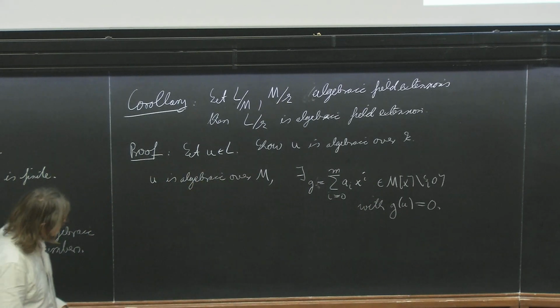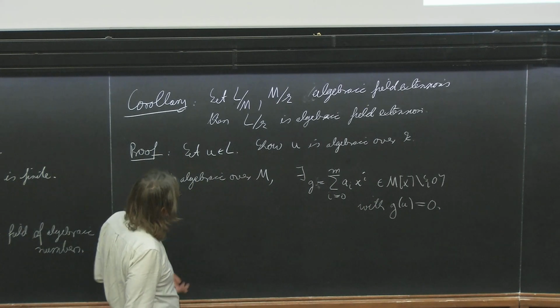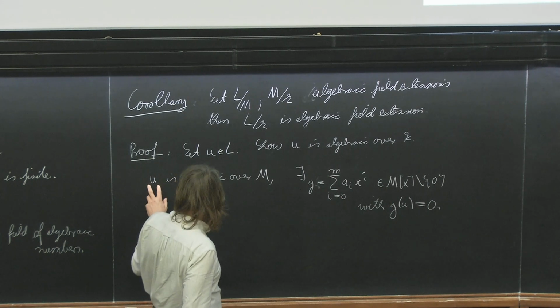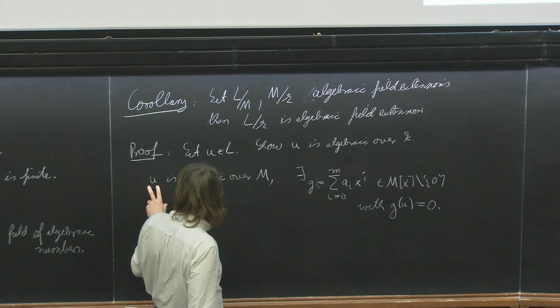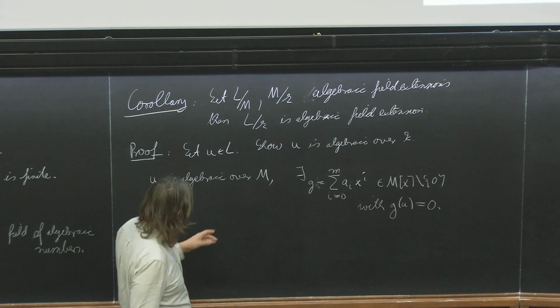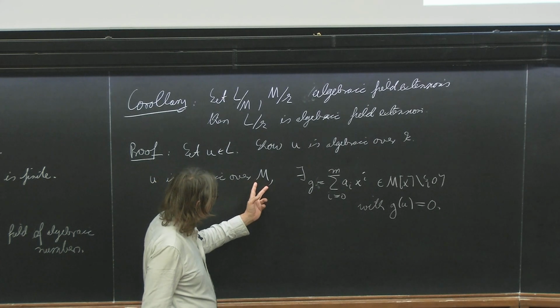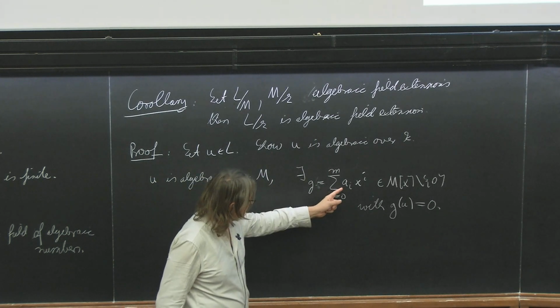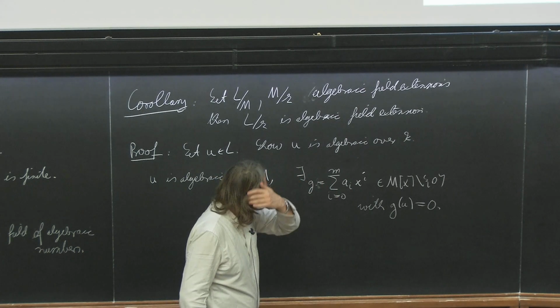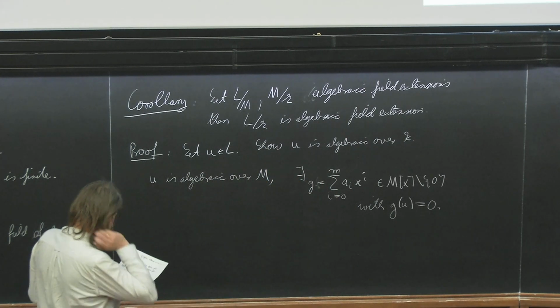Now, the trick is, in order to talk about the algebraicity of u over K, we don't need to know everything about everything that happens in M. We only need to deal with these coefficients a_i. And if we put all these together, we end up in a finite field extension.